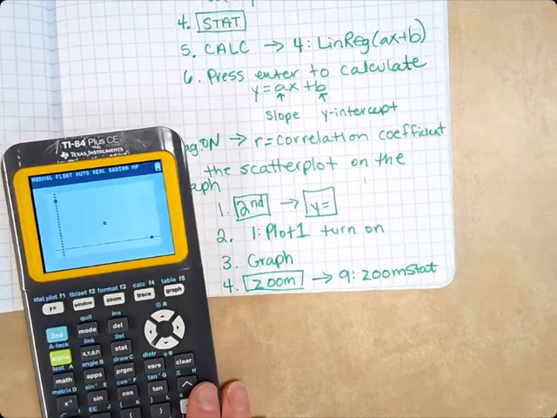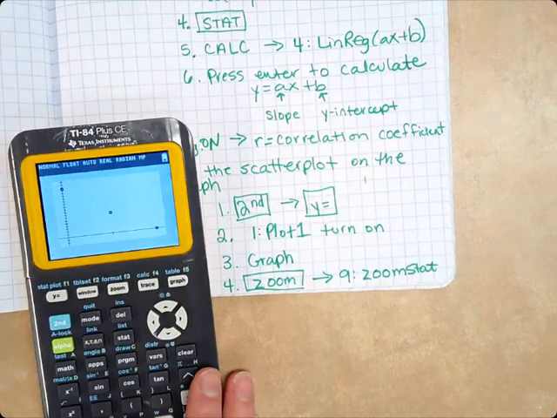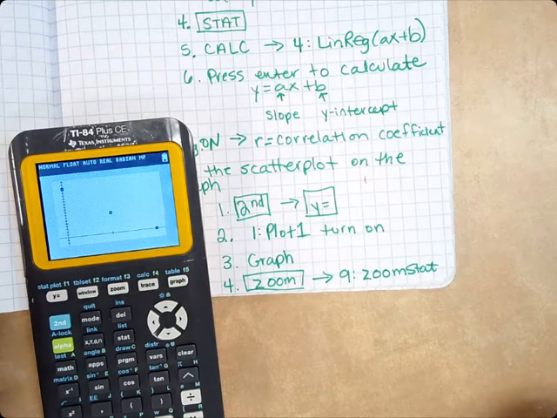So you go to zoom and then you go to 9, zoom stat. Okay, so that is just a reminder on all the things dealing with scatter plots.